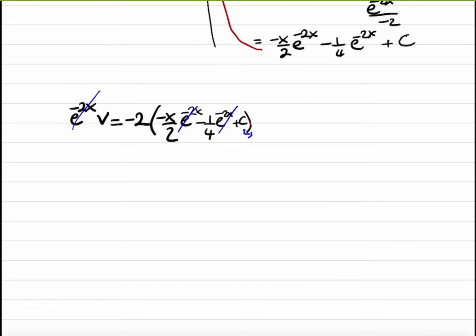So v is equal to, we divide by e to the power minus 2x, and I will multiply everything with minus 2. So, okay, I have x plus 1 over 2 plus c times e to the power 2x. This is v, but don't forget v was y to the power minus 2, right?